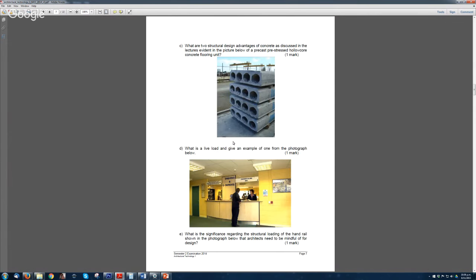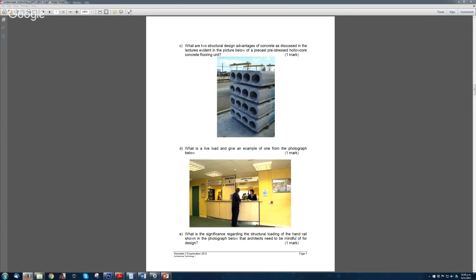Live load. What is live load? For me, it's like the weight of all the things that have been added to the building, so people can do their work. Or what's the definition behind it? Live load is the load assumed or known to result from the occupancy or use of the building.